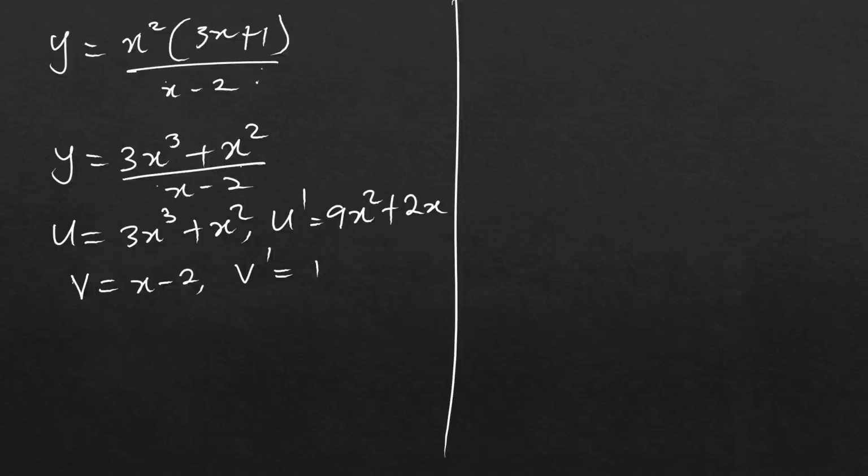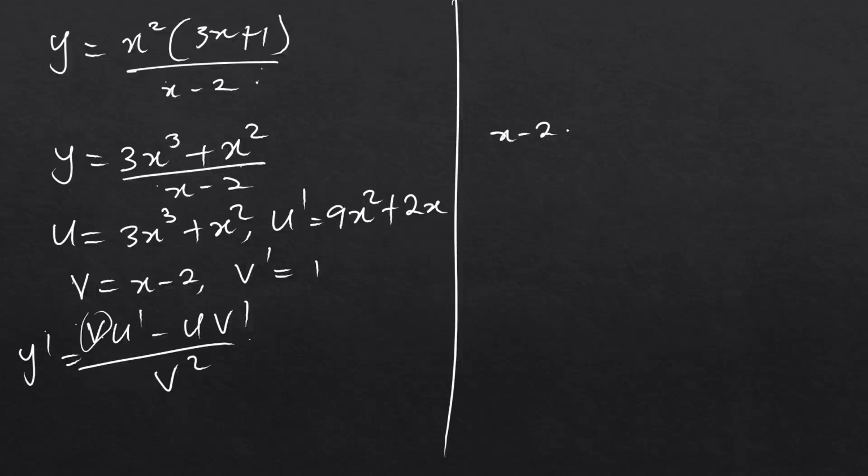Alright, so at this point, I'm going to sub them into the formula we already know. The formula starts with v u prime minus u v prime, all over v squared, is equal to y prime. So, what should I do? v starts. v is going to be x minus 2. What is u prime? u prime is 9x squared plus 2x.